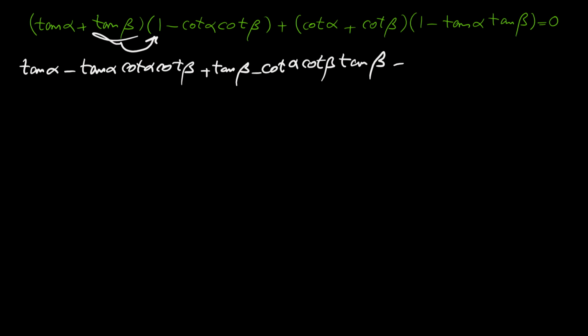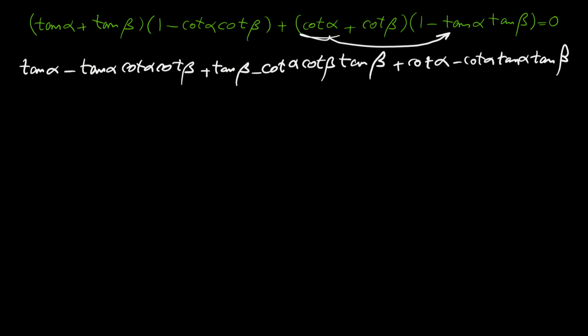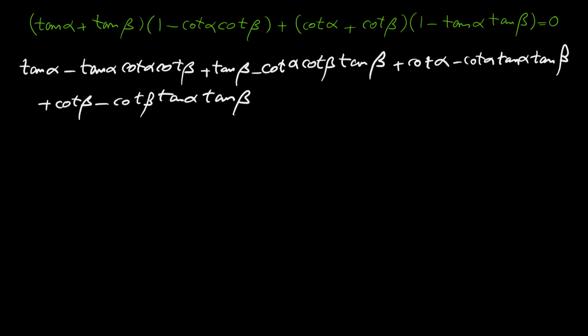Cotangent alpha times 1 is cotangent alpha. Then cotangent alpha times this, we have minus cotangent alpha, tangent alpha, tangent beta. Now multiply the cotangent beta in the bracket. We have cotangent beta minus cotangent beta, tangent alpha, tangent beta.